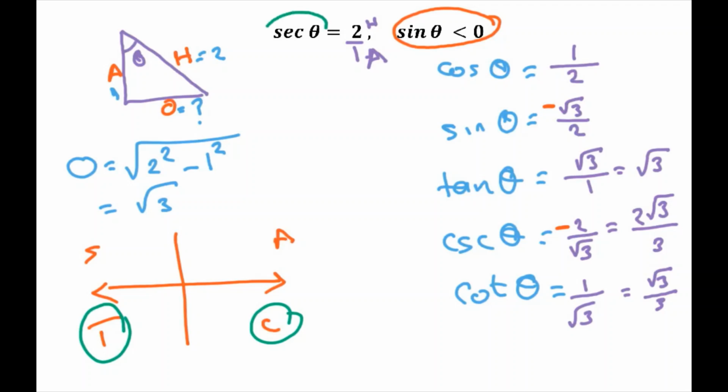Now what about secant? Secant is the reciprocal of cosine, and the sign is positive here. So sine is negative here and sine is negative here. But what about cosine? Cosine is negative here, cosine is positive here, and I want it to be positive.